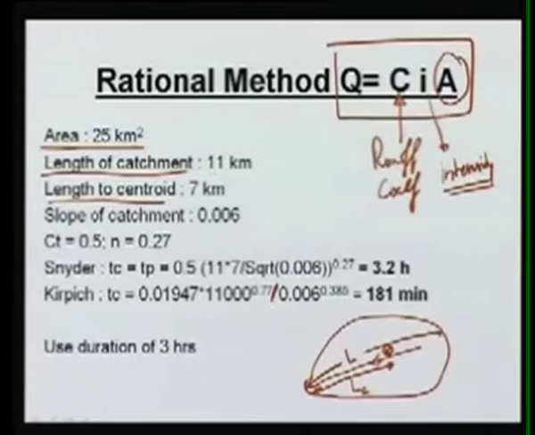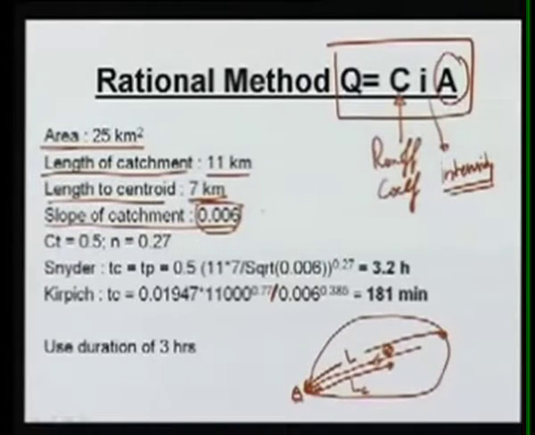So the length of the catchment is given as 11 kilometers and the length to centroid from the outlet point, let's call this point A, is 7 kilometers. Slope of the catchment is 0.006. Generally it is taken as the difference between the points farthest away from the outlet point and the outlet point divided by the length L. So this is also given to us, 0.006.